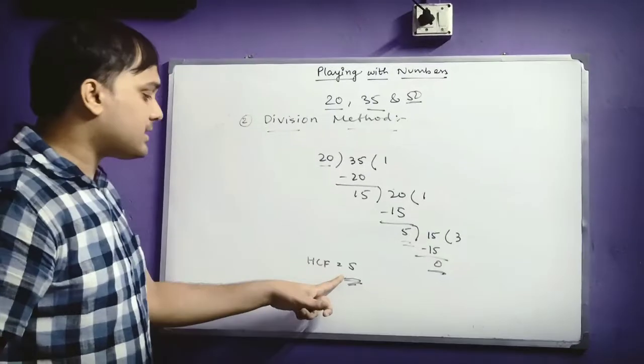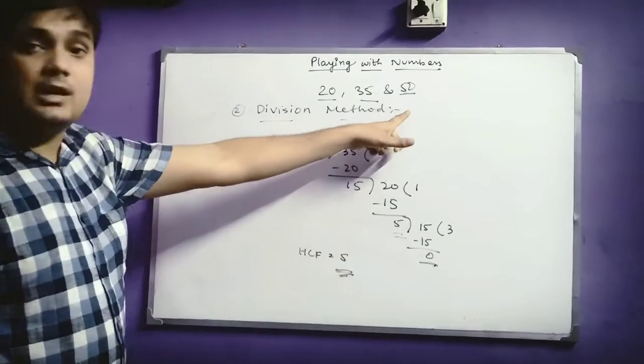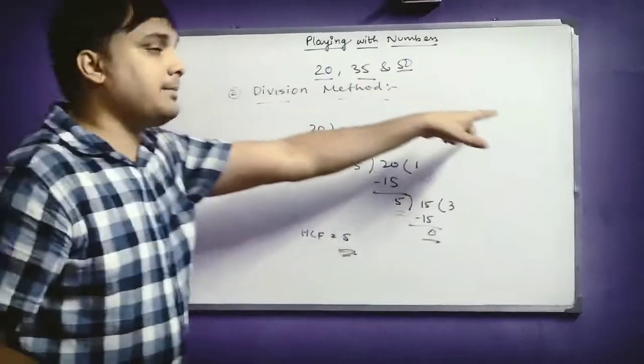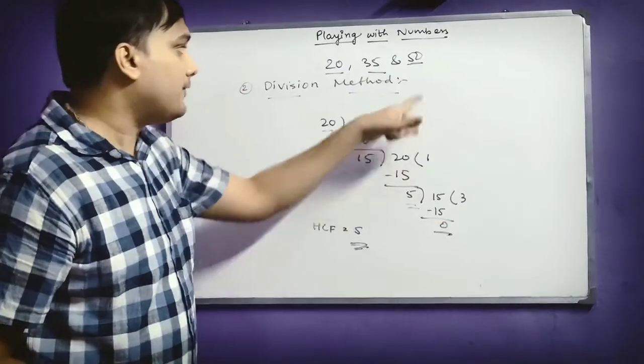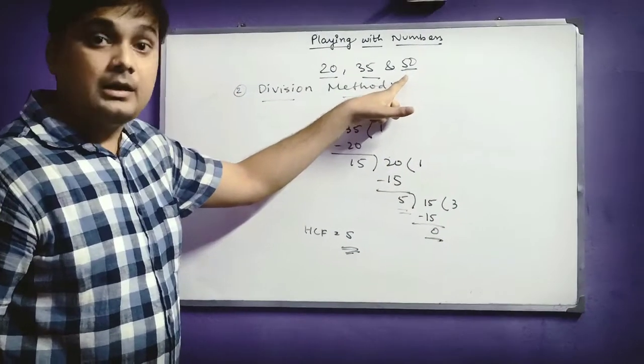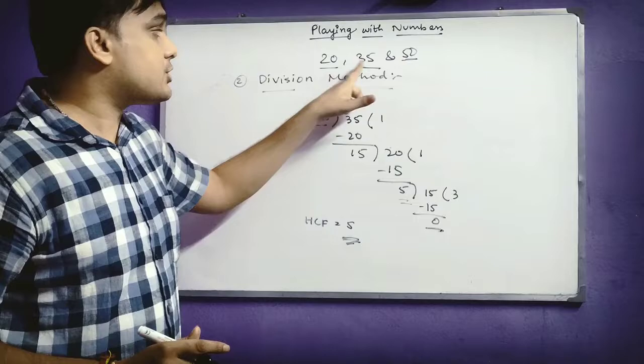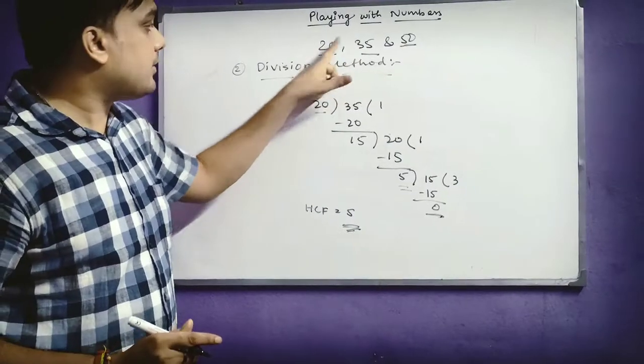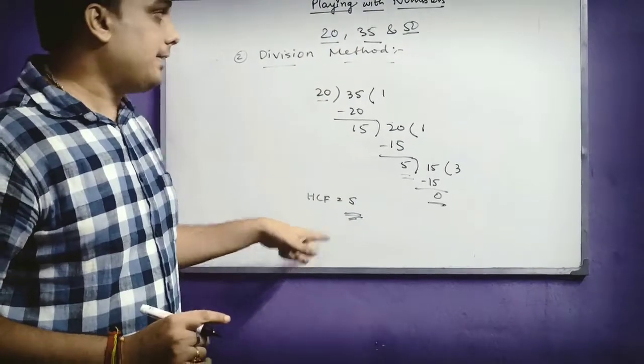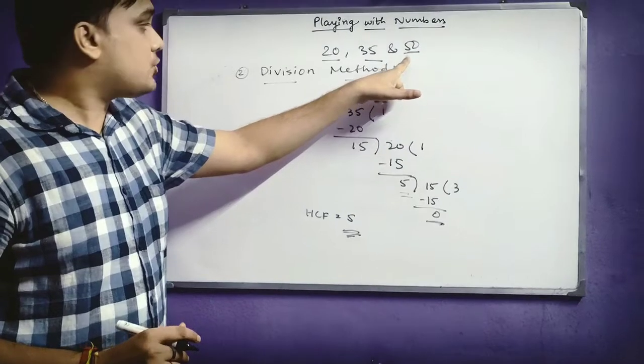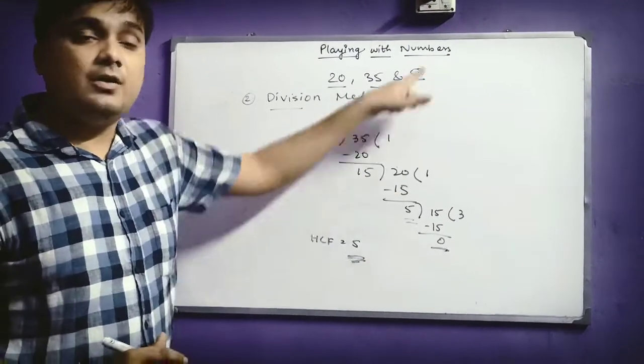So what is my answer here? 5. And what is the third number? 50. The answer of the first two numbers is 5 and the third number is 50. So now we will find the HCF of 5 and 50.